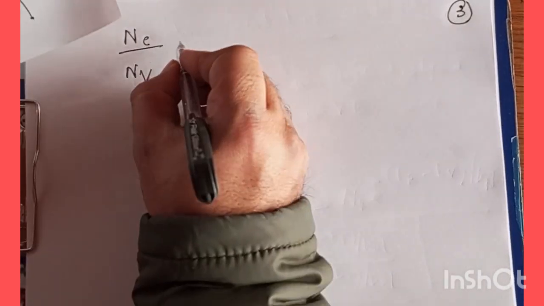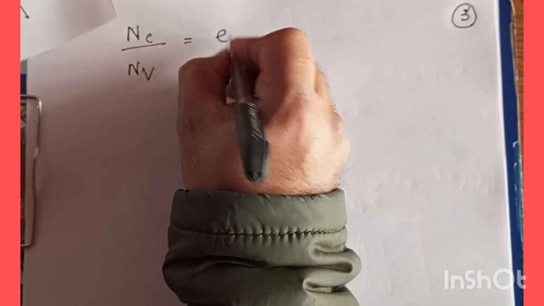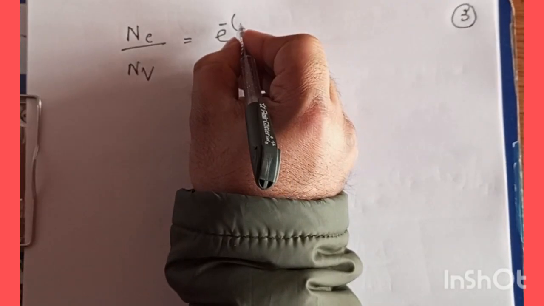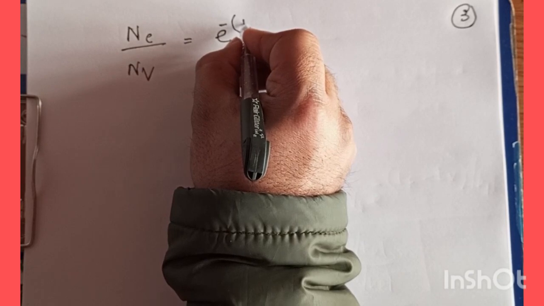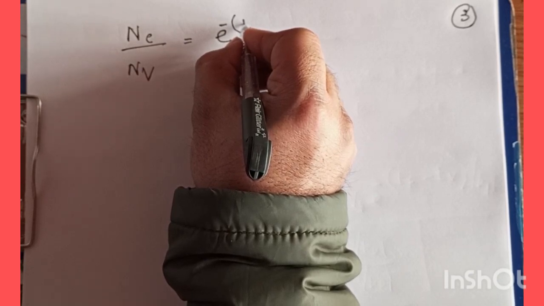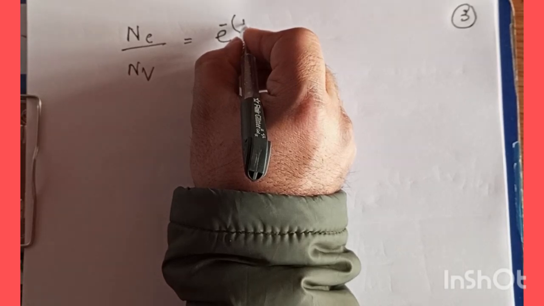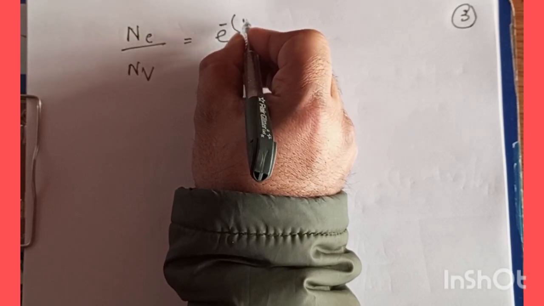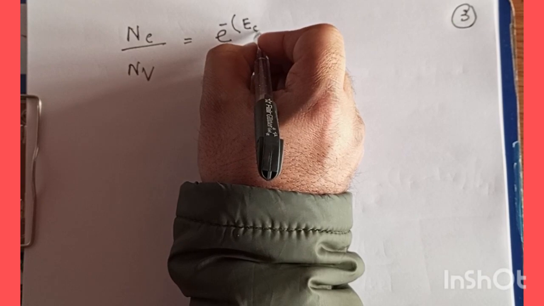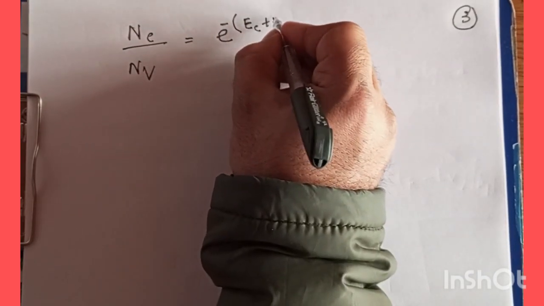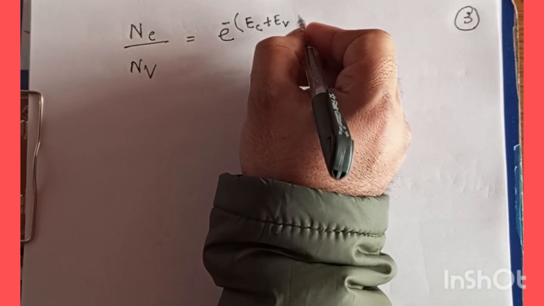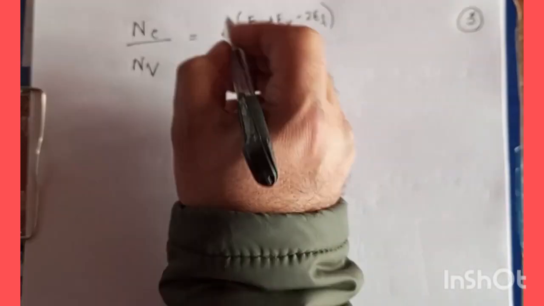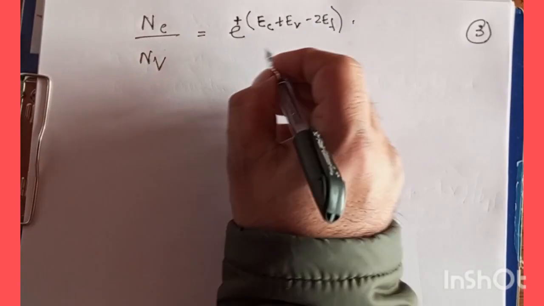It is equal to e to the power of minus times, if I take it up, E_C plus E_V minus 2E_F, divided by k_B T. When you solve this, you get the same thing.